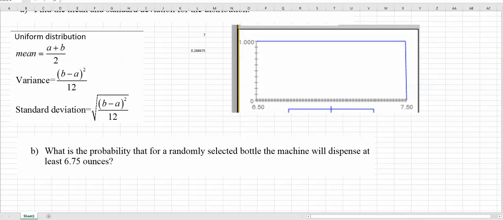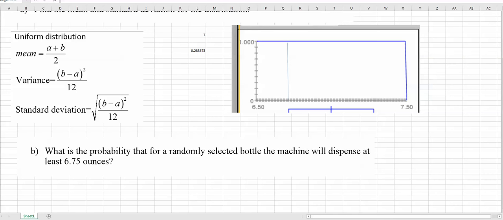And so if I want the probability that a randomly selected bottle is less than 6.75, then I'm finding the area of a rectangle with those dimensions. I'm estimating where this line is, but I want the area of this part right here.